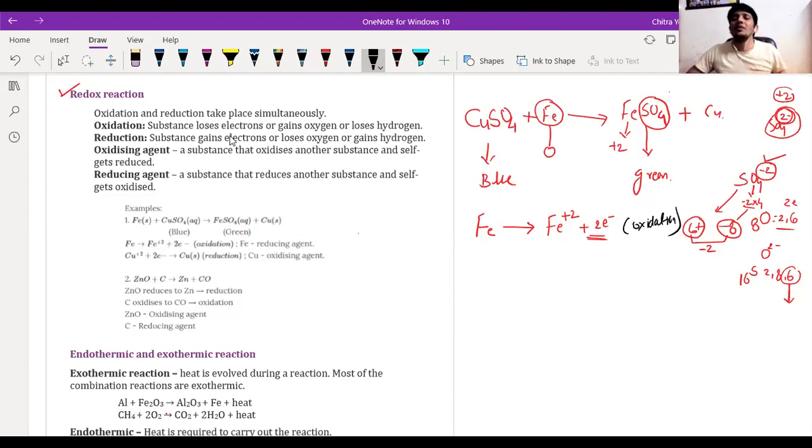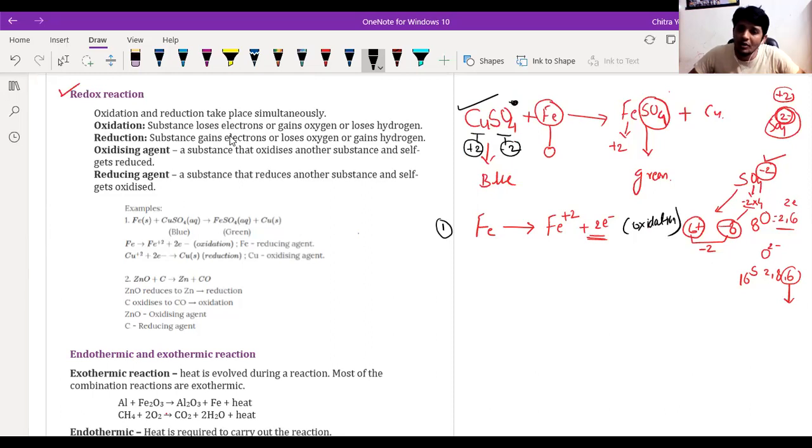Okay, now we will check the copper. So this is the first reaction taking place here. Now if we check for the copper, see here again SO4 has -2 charge, so to neutralize the -2 charge, copper must have a positive 2 charge, so the total charge will be 0. That's why there are no charges shown here.